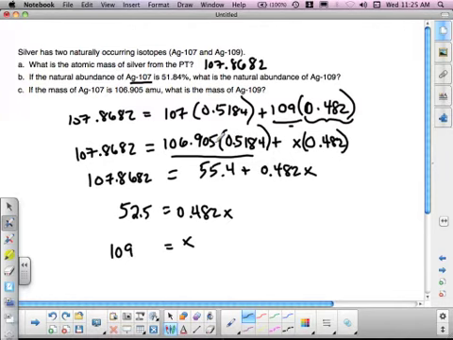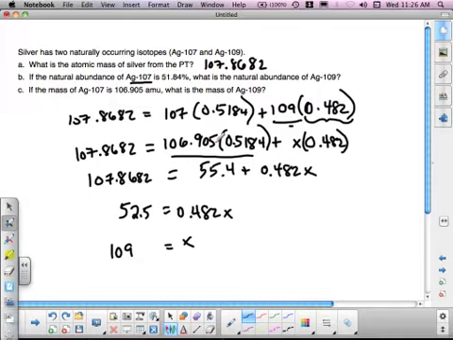I think I'm going to go back and multiply these two numbers again and carry out more decimal places. I think my calculator is set to not carry it out to too many decimal places. Oh well, I can't seem to fix that.